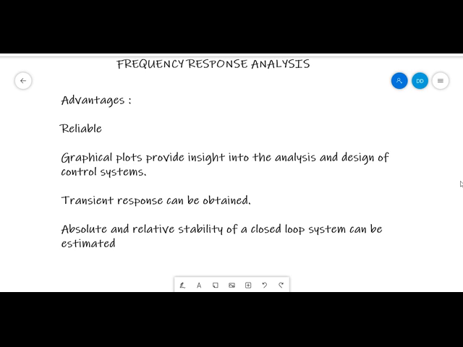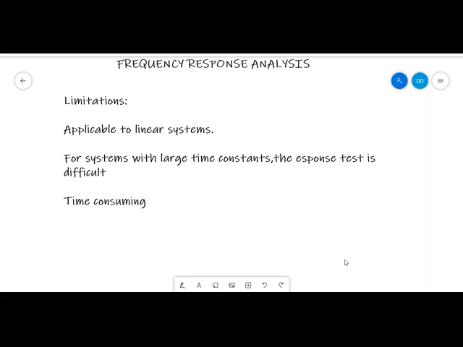Next, we will see the limitations of frequency response analysis. First limitation is it is applicable only to a linear system. You cannot apply it for a non-linear system. And for systems with larger time constants, the frequency response analysis becomes difficult, and it is time consuming.